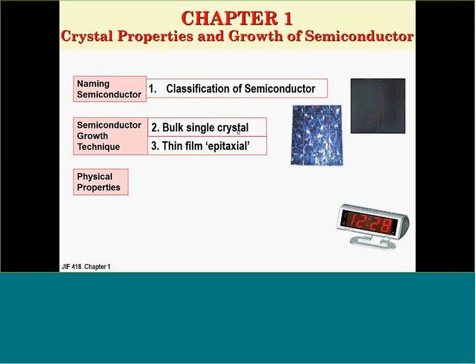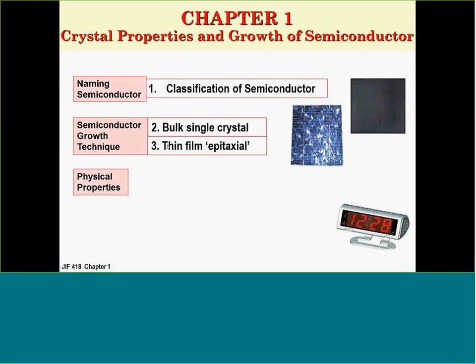For those of you who work in the semiconductor industry, the fabrication part, of course you are going to use wafers. But wafers we need to grow, because wafers are bulk single crystal. Since bulk single crystal doesn't occur naturally, we have to grow it. Bulk single crystal is 100% pure crystal.